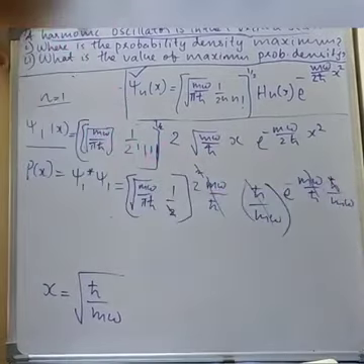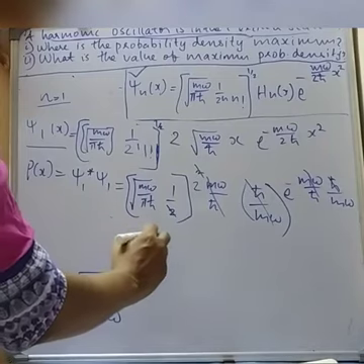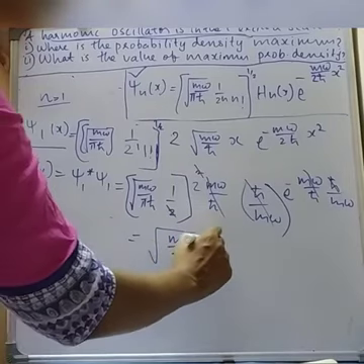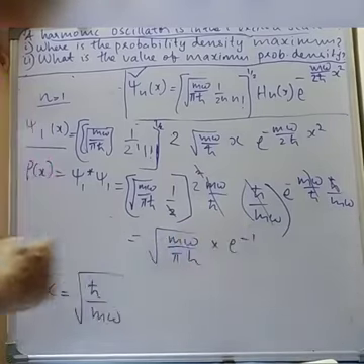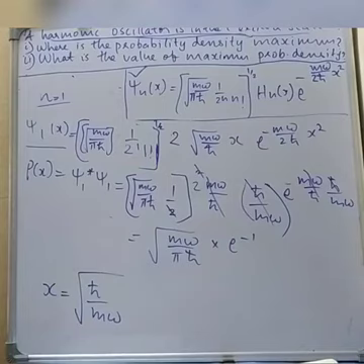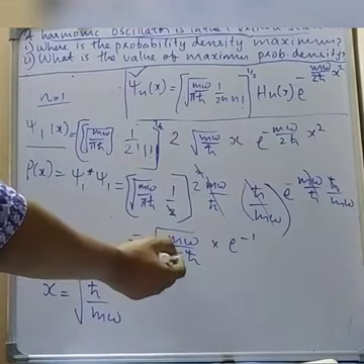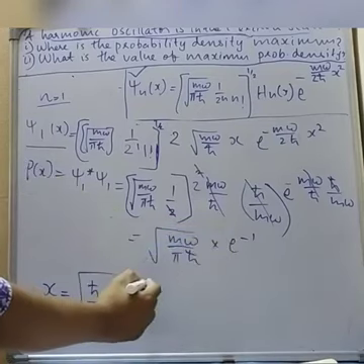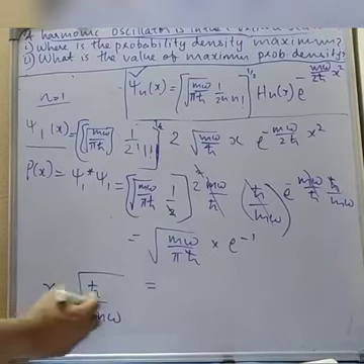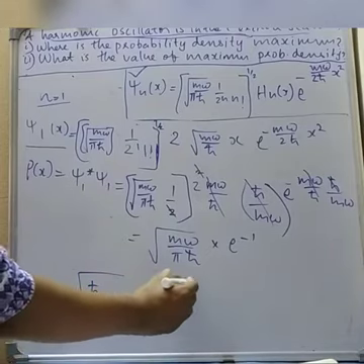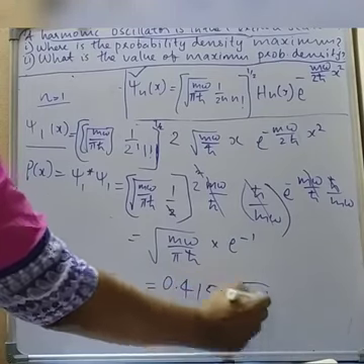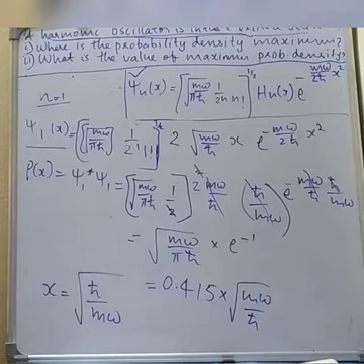It's equal to square root of m omega by pi h cut into e raised to minus 1. We can give the value of pi and e, 1 by e, and we get this as 0.415 times m omega by h cut. So that is the maximum value of probability.